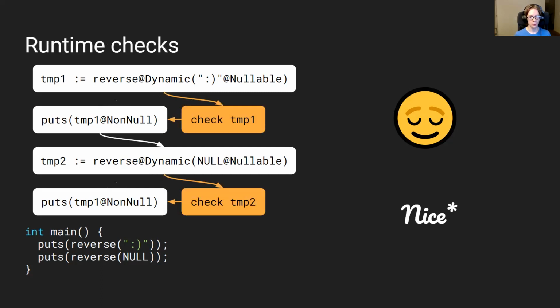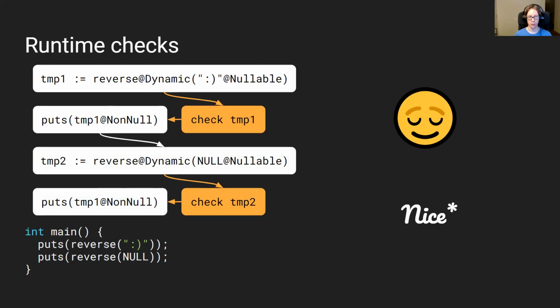So the way that we get around this is we recall the places in which we were optimistic and we insert runtime checks, right? So any case in which our analysis didn't have to be optimistic, we just continue as before, all is good. But in a case where we were optimistic, we insert these checks before calling puts, for instance, that says, hey, if this actually is null at runtime, gracefully step to an error state.